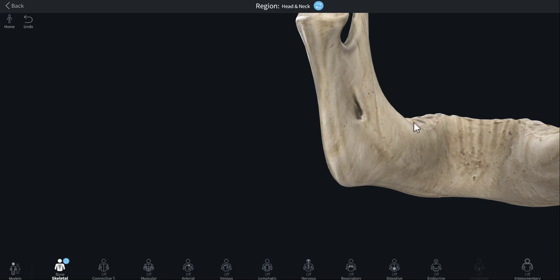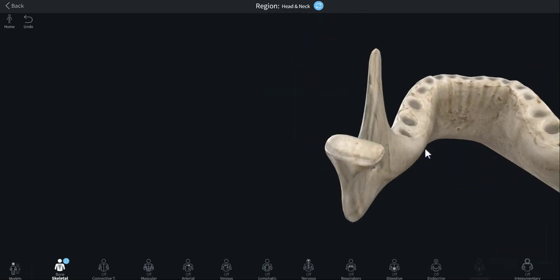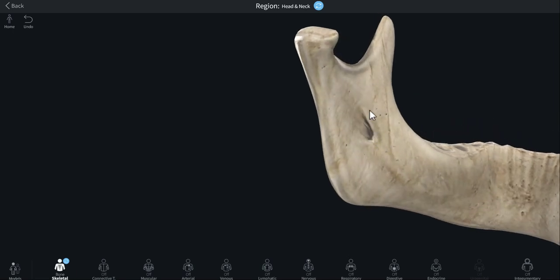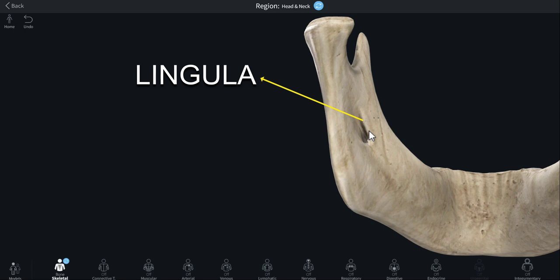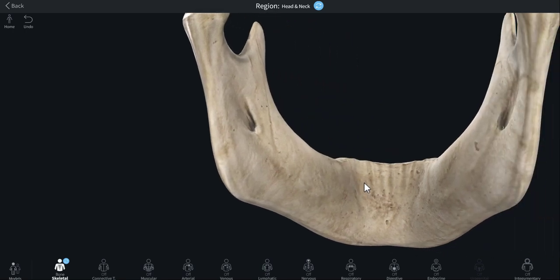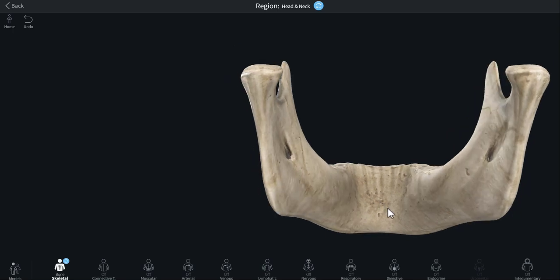Now, another interesting thing which you can locate from here is this structure. This is the mandibular foramen, but just in front of the mandibular foramen, we can see a bony process which is kind of guarding the mandibular foramen. This is known as the lingula. Obviously it's lingula, so it's a tongue-like process.